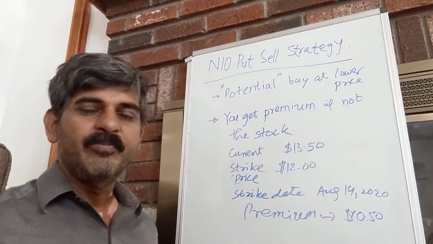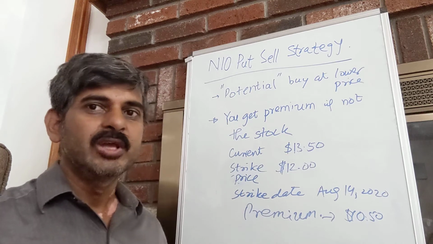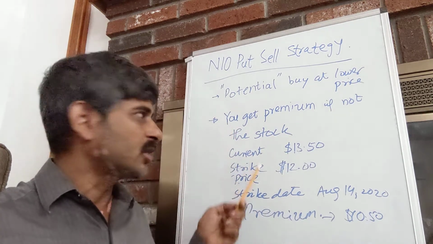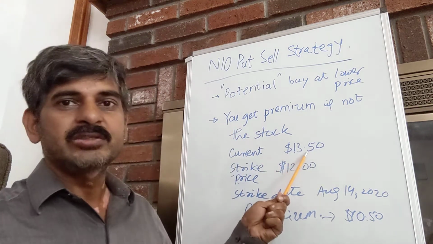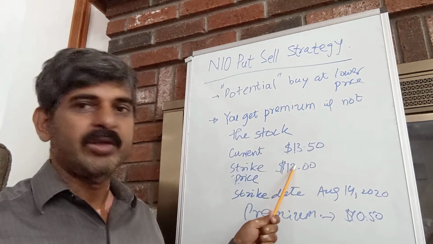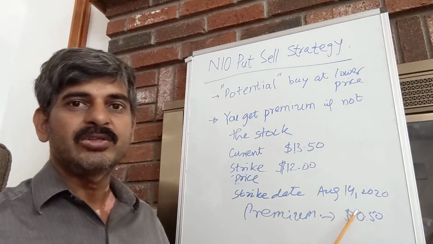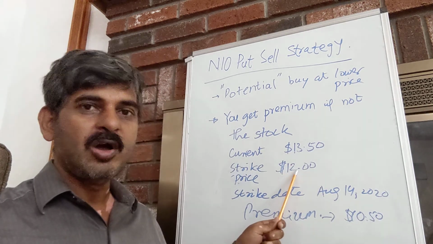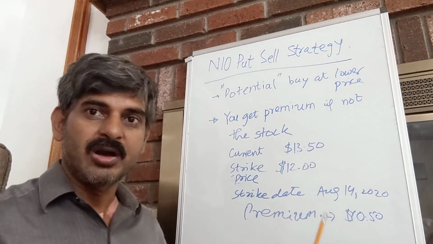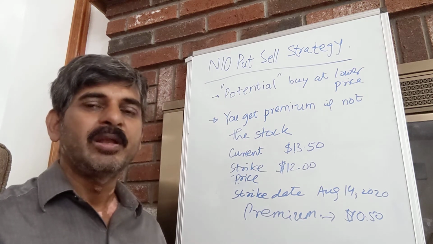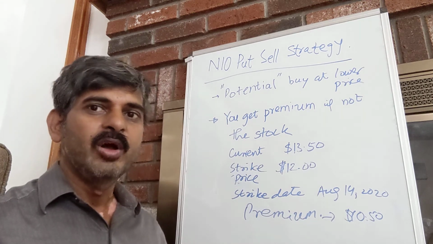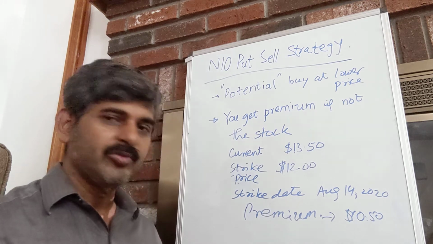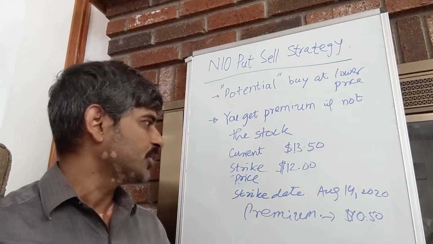So if one of them has very bad news, and because of that the stock goes down, for example, this one is 13.50, I have a strike price of 12, I am gaining potentially 50 cents of premium, and this stock price suddenly goes down to $6. It can happen, it does happen. I mean, stocks have more movement or more swing than you potentially think.